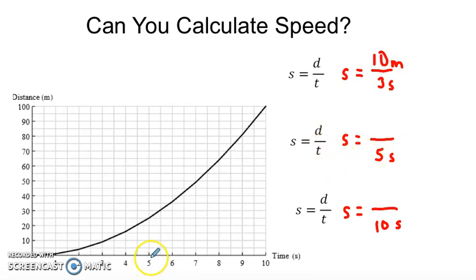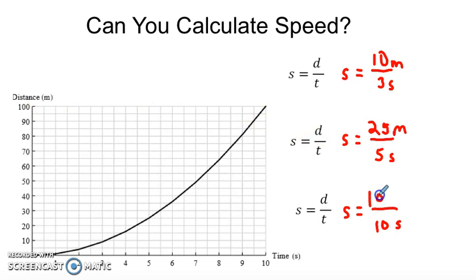Why don't we try it at 5 seconds? At 5 seconds, they have traveled 25 meters. So 25 divided by 5 is going to be 5. They are going at a different rate at a different point in the line, and that will be the case on every one of these unless you have a perfectly straight diagonal line. So overall, at 10 seconds, they have traveled 100 meters.